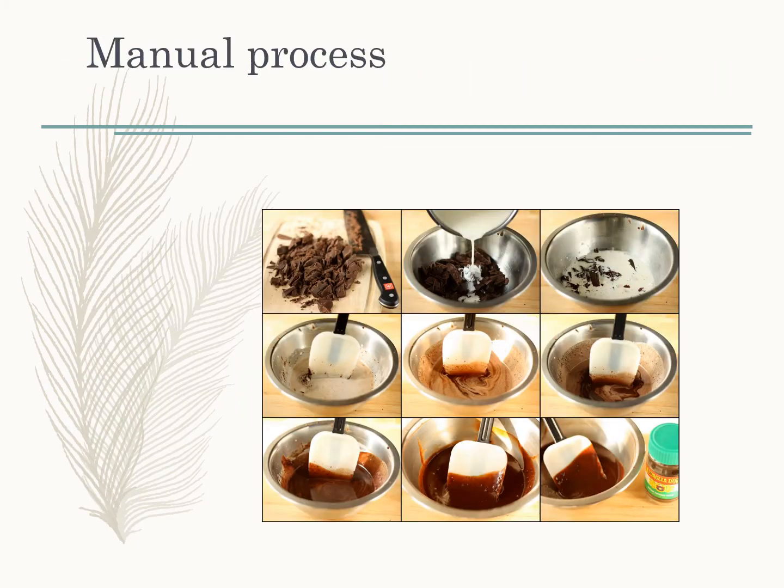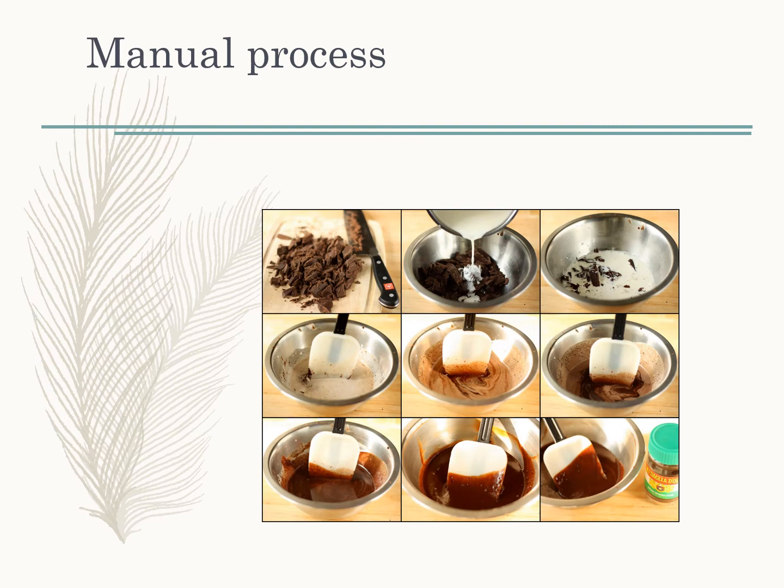Okay, now I will explain the difference between the manual process and the automatic process. By looking at this photo, we can see we want to mix chocolate with milk.